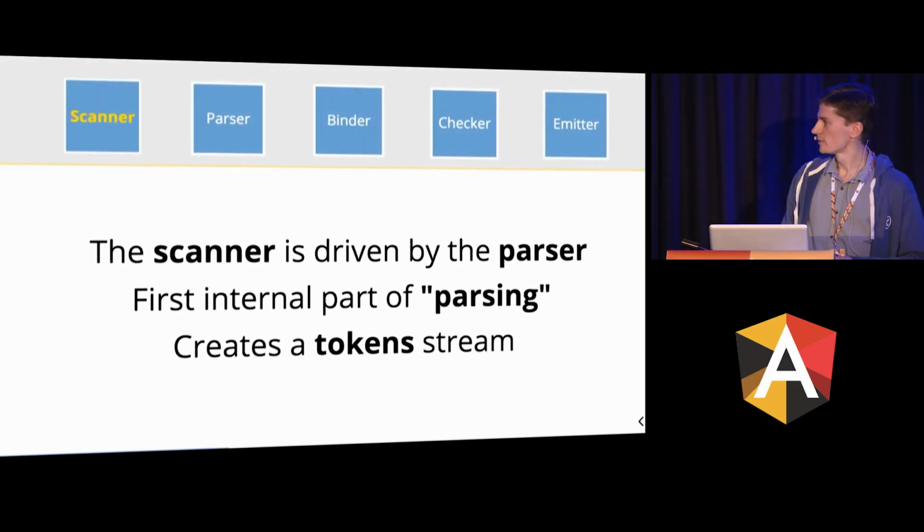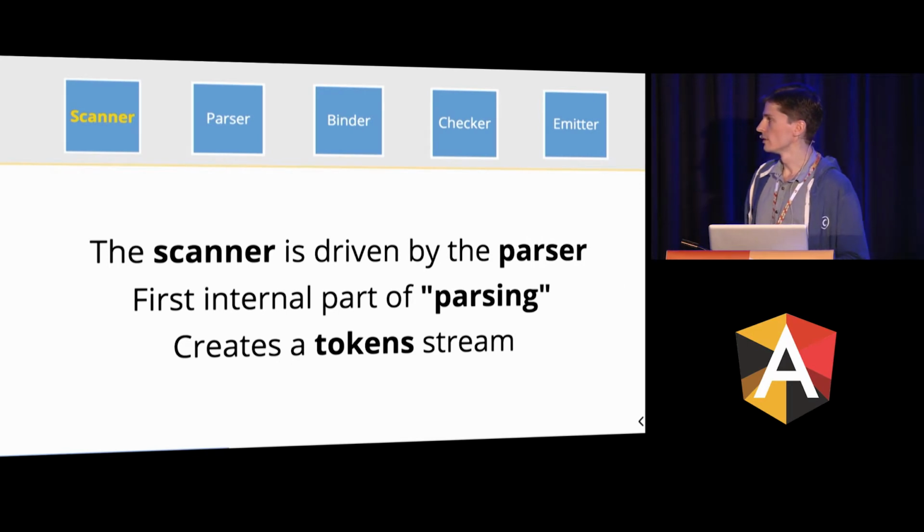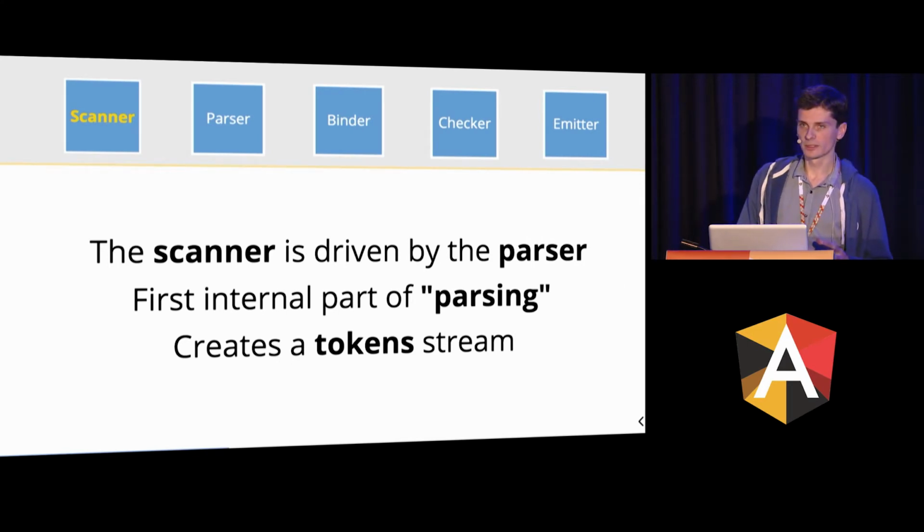The first part of TypeScript compiling is scanning your code base and creating the token stream we saw before. The scanner is driven by a parser, as we'll see later.